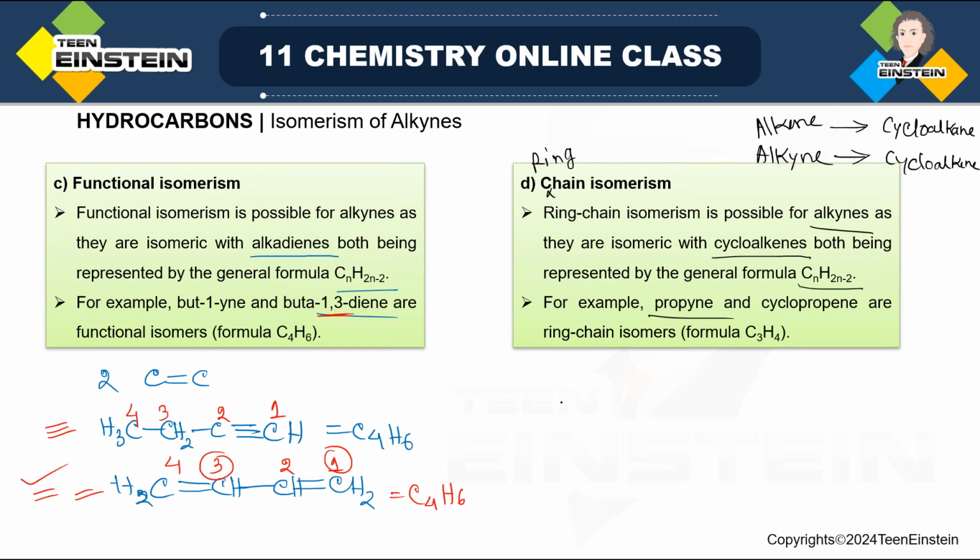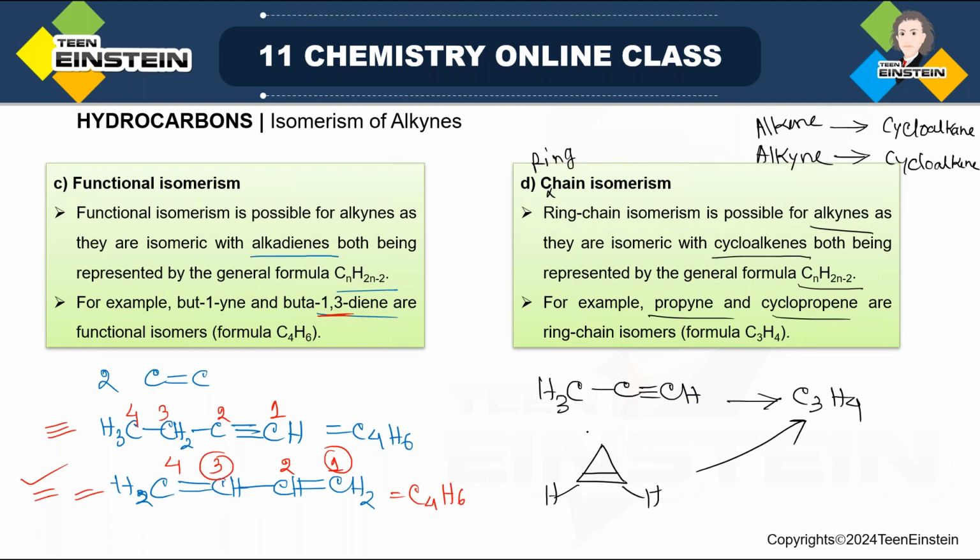So here we have an example, propyne. Propyne is a 3 carbon alkyne. So this will have formula C3H4 and it is isomeric with cyclopropene. This is cyclopropene and again you will see this is also C3H4. So these two are related as ring chain isomers, because one structure is a ring and the other is a chain. Okay.